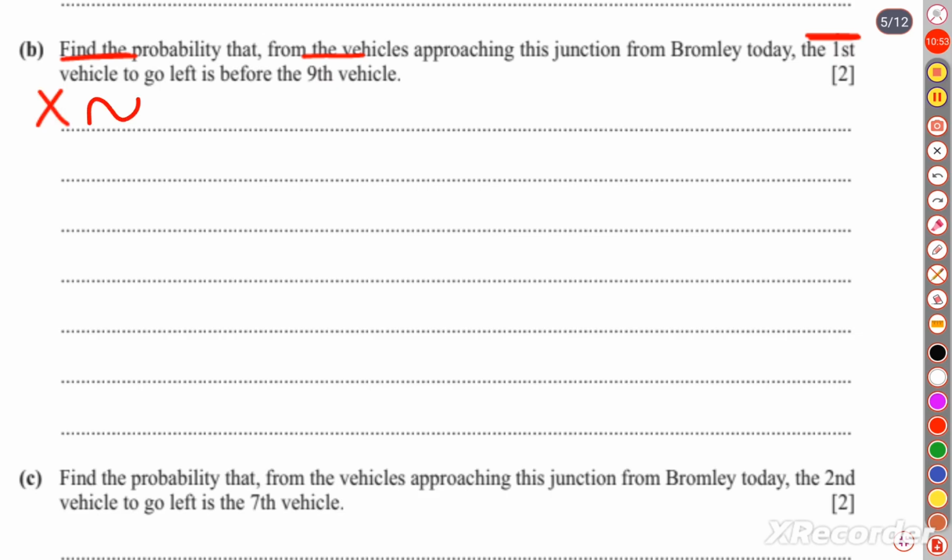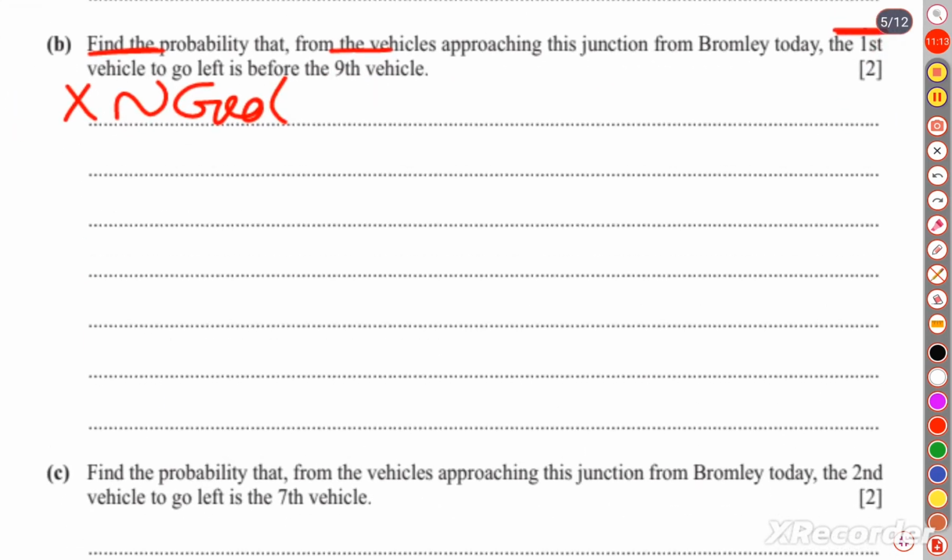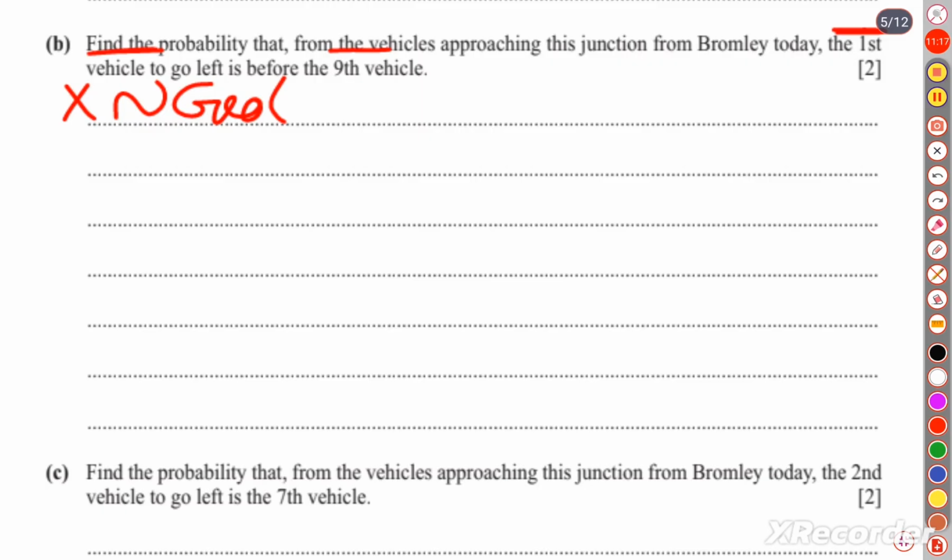X belongs to geometric distribution, and for geometric distribution our parameter is only the probability. Let's see what the probability of turning left is. 30% turn left, so 0.30 is our p.